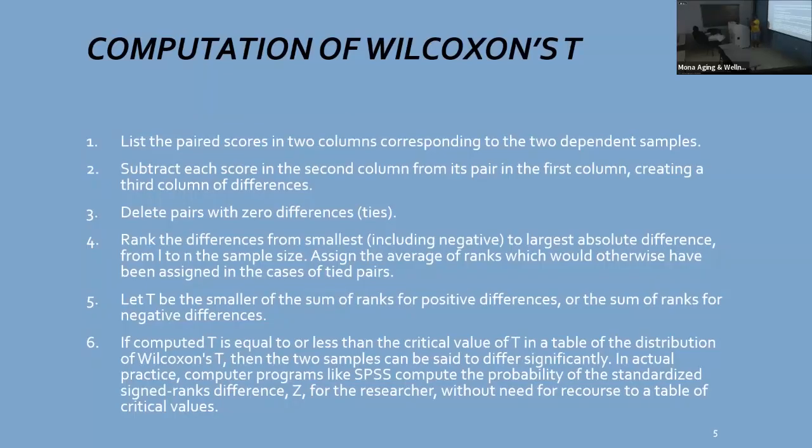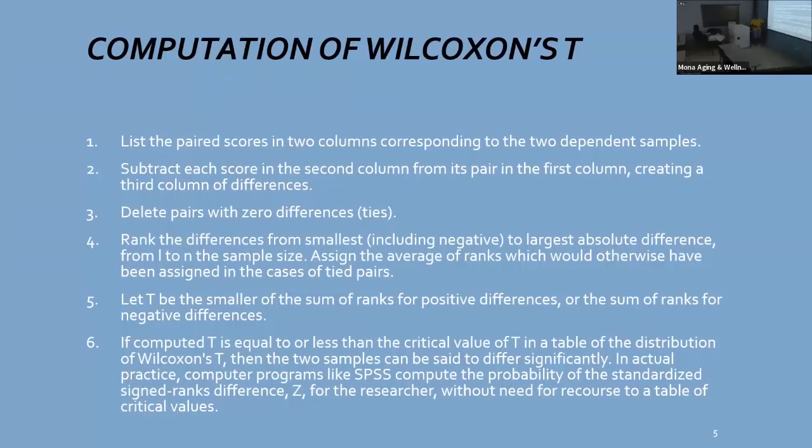And then you're gonna separate them into two groups. You're gonna have negative ranks and positive ranks. Good? And then you're gonna take the sum of the negative ranks, not taking the sign into consideration, and then the sum of the positive ranks. Whichever of those two sums is the smaller, that's gonna be your computed T, or your Wilcoxon T.